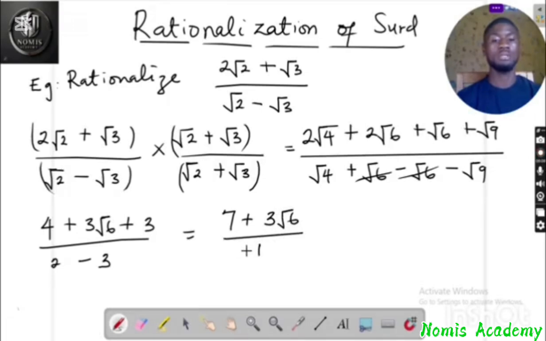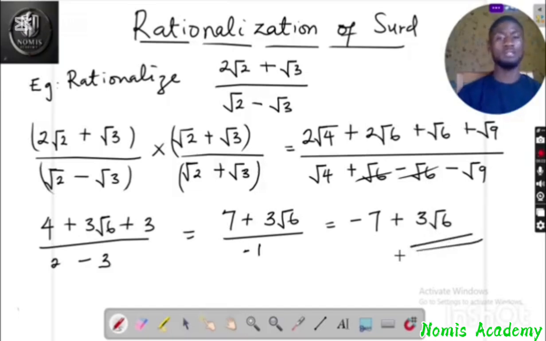So the minus must be indicated. So this is equal to minus 7 plus 3 root 6. And that's the final answer for the process of rationalization.